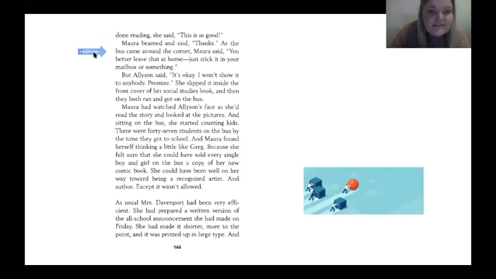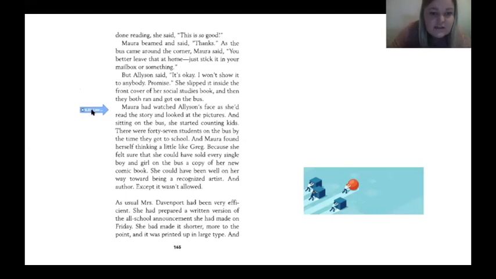Mara beamed and said, "Thanks." As the bus came around the corner, Mara said, "You better leave that at home. Just stick it in your mailbox or something." But Allison said, "It's okay. I won't show it to anyone. Promise." She slipped it inside the front cover of her social studies book, and then they both ran and got on the bus.